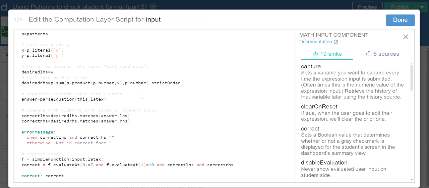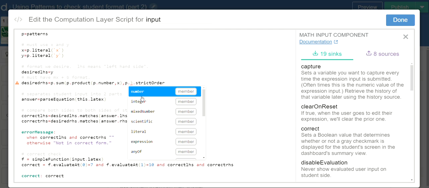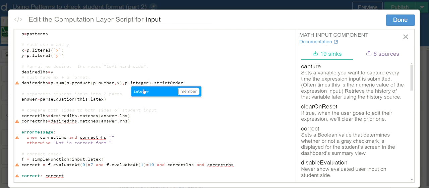Now again, I can substitute easily in here in place of number. I can make it integer, and that fits in well with this problem. Notice at the end I have strict order again. Basically that's saying keep the order as I indicate here for checking the student response.